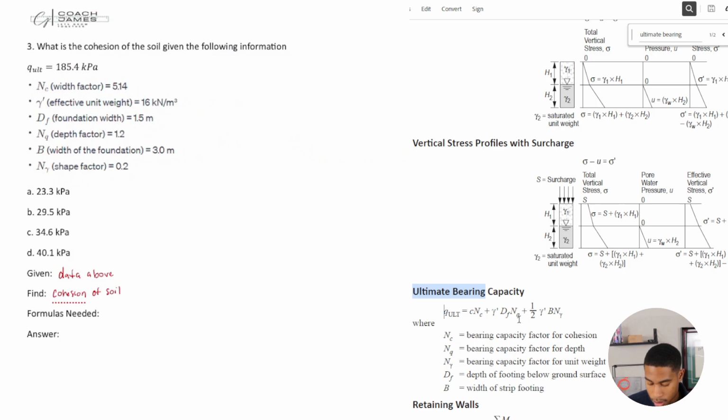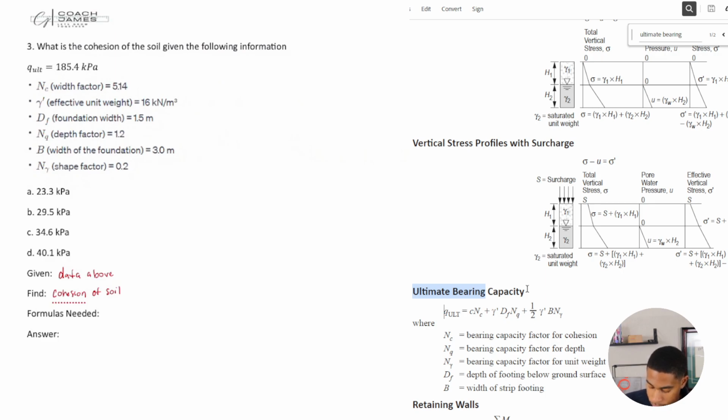NQ 1.2 plus a half. Okay, we know Y prime, our effective unit weight, is 16 kilonewtons per meter cubed. What's our width, or B, is 3 meters. And then N sub Y is our shape factor, which is 0.2. So the only unknown is C, right?